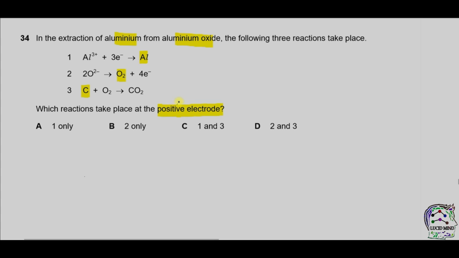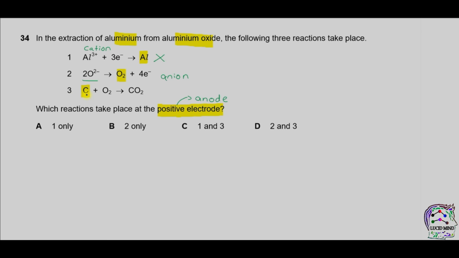Now we know that positive electrode is anode and anions always move towards anode. Aluminum 3+ is a cation as it is positively charged, so therefore this will move towards cathode, not anode. Oxygen 2- is an anion, so it will move towards anode to form oxygen.